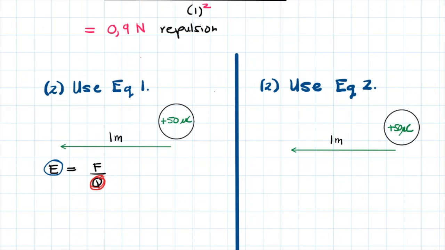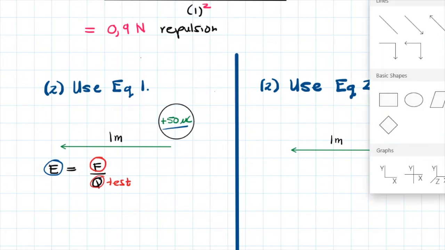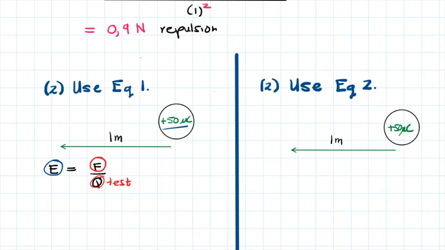Instead, the charge that we are subbing into this formula is the test charge, the test charge that will experience a force when it is placed inside of the electric field of the positive 50 microcoulomb charge. Now, since in the previous question we already had another charge placed in this electric field of the positive 50 microcoulomb charge, I'm simply going to use that charge as our test charge.